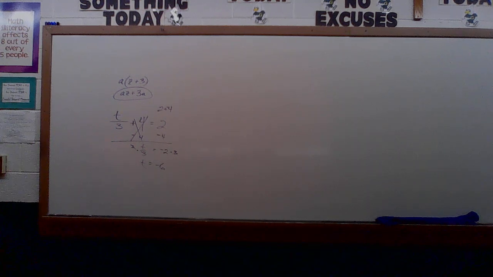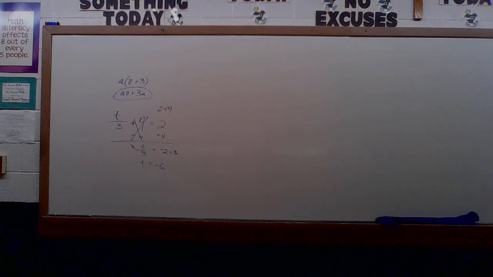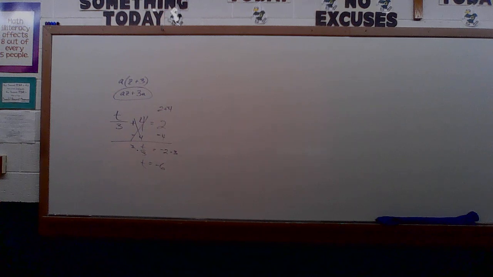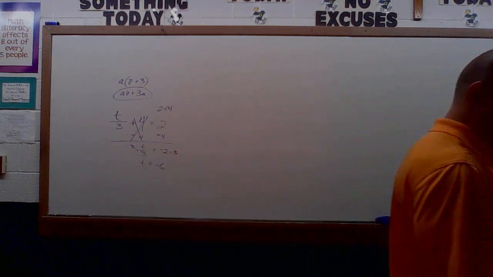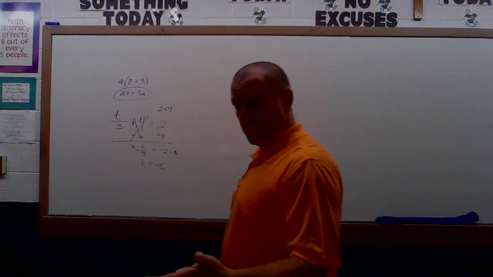Multiplication: what's the answer to multiplication? Product. Multiply, times, at could be used. What are ways of showing multiplication? Use a dot, or put them right next to each other. Perfect.